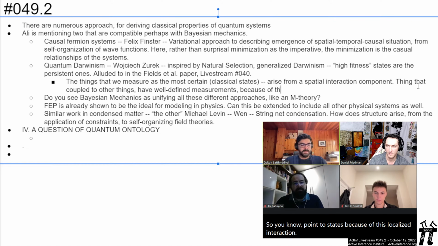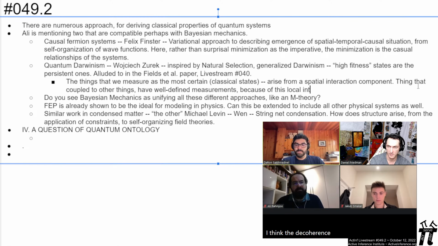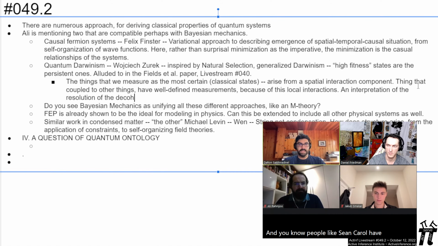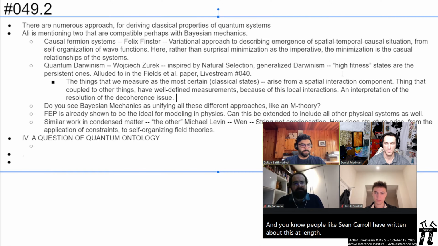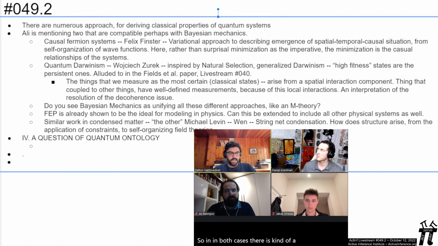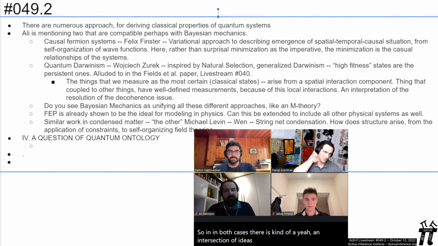This is, I think, a resolution of the decoherence problem. This is one interpretation, and it just remains to make that more mathematically rigorous. And people like Sean Carroll have written about this at length. So in both cases, there is an intersection of ideas, and they both seem very Bayesian mechanical.